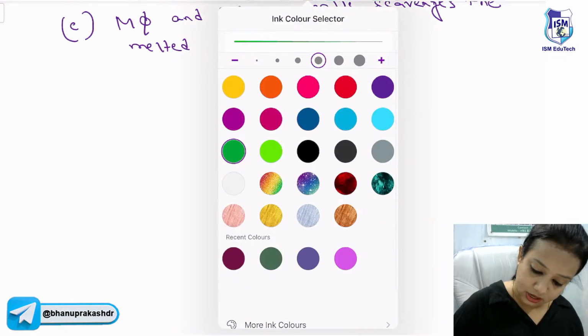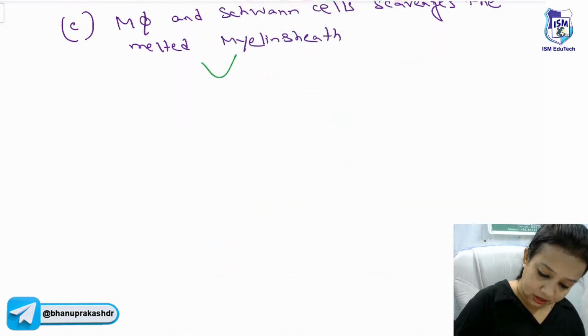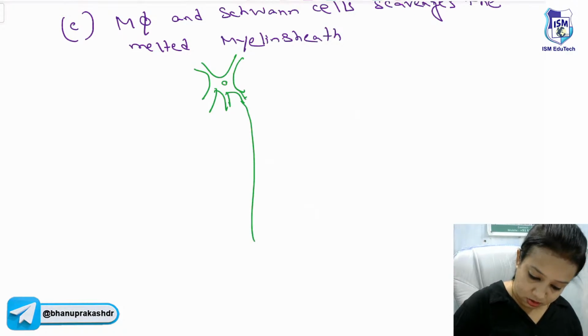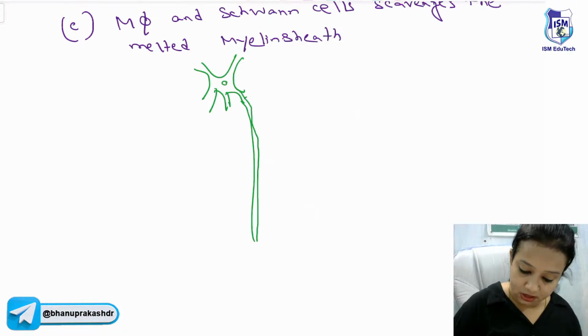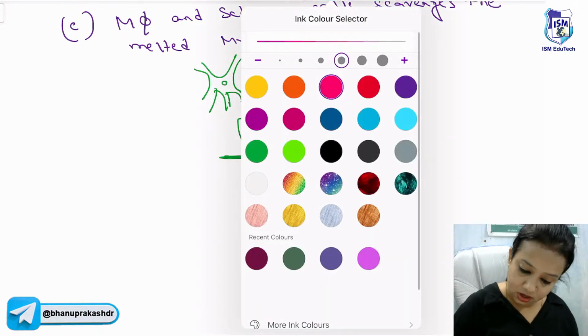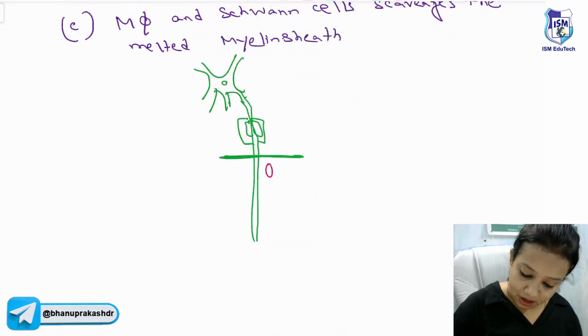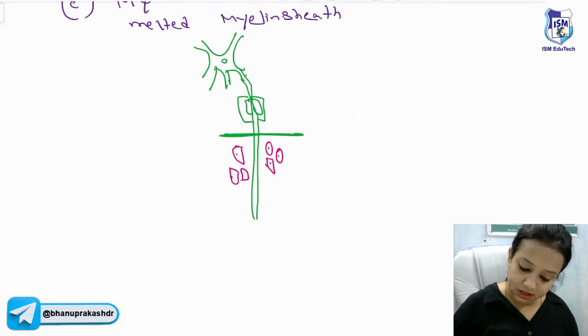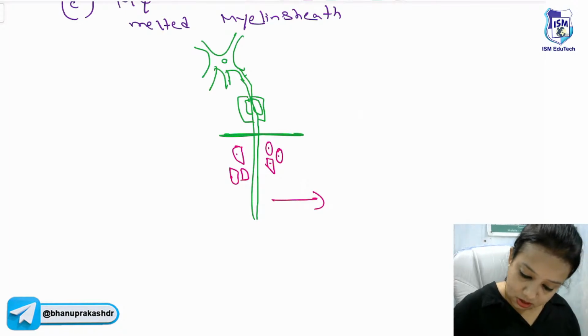If we draw it, say this is the neuron, and there has been a damage here. When Wallerian degeneration happens, what will happen? The myelin sheath is dissociated. I'm just drawing this part alone. What follows?